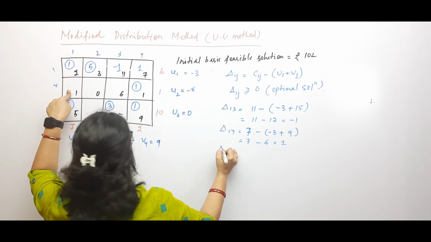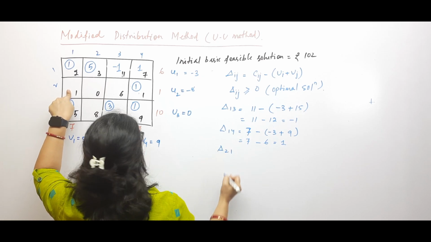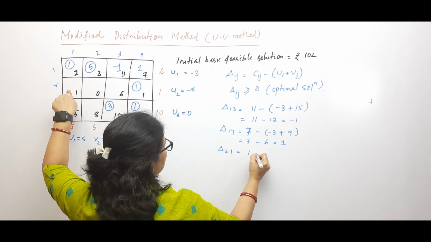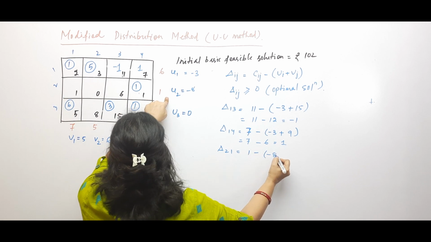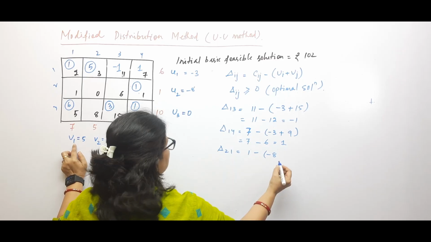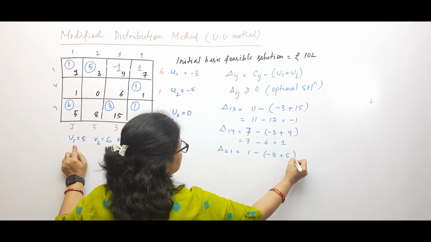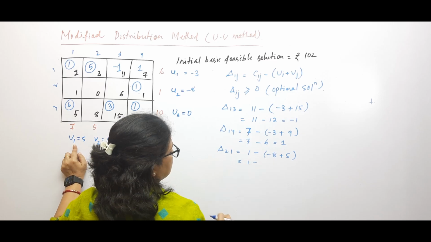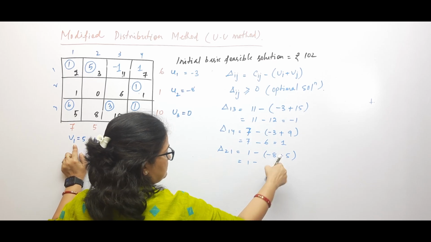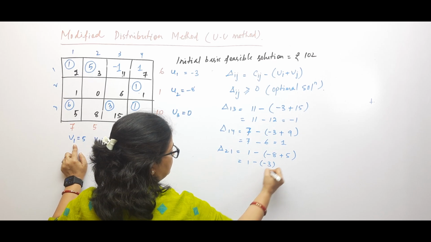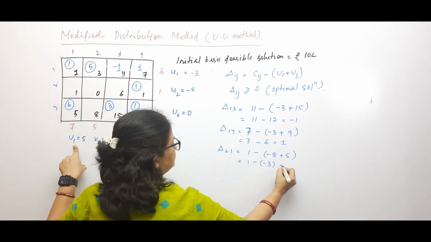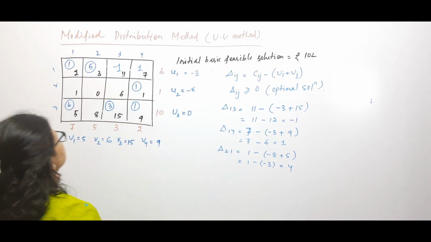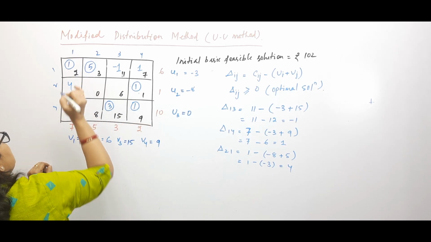This is delta 2 1, which is equal to 1 minus 8 plus 5, which is equal to 1 minus 8 plus 5 is minus 3, which is equal to 4. So this one is 4.